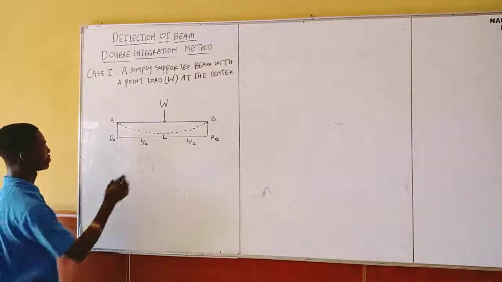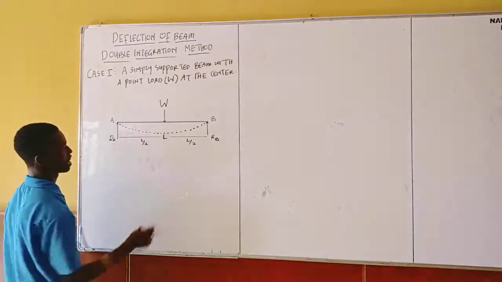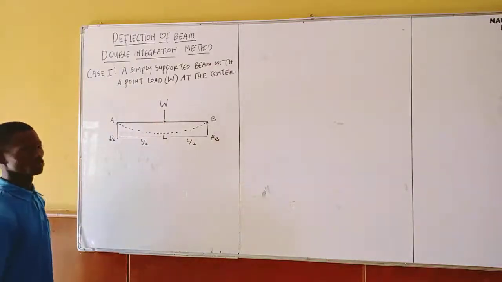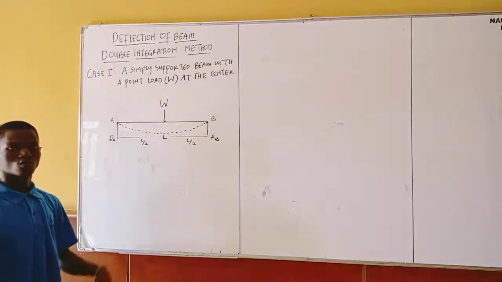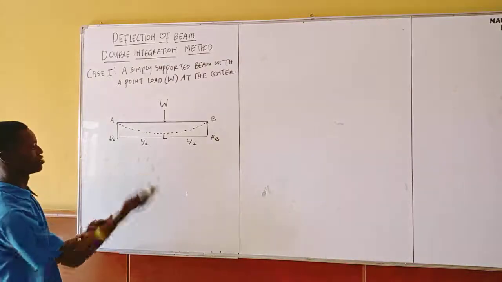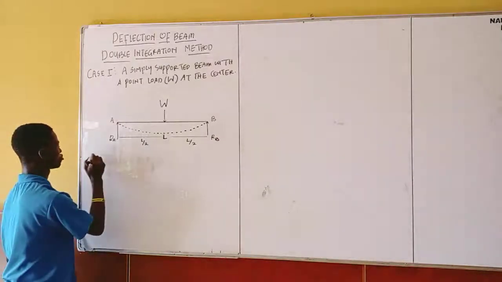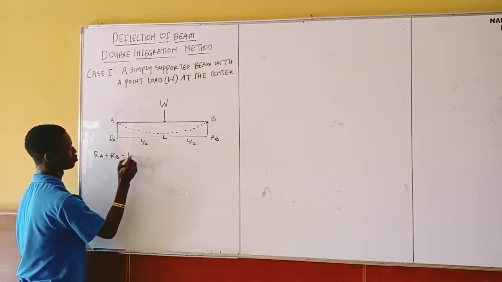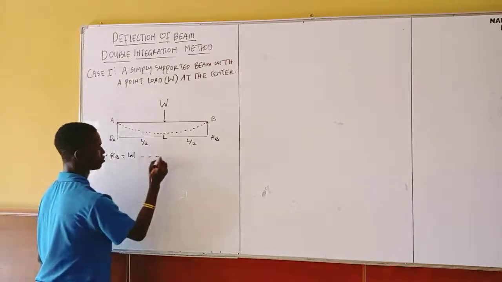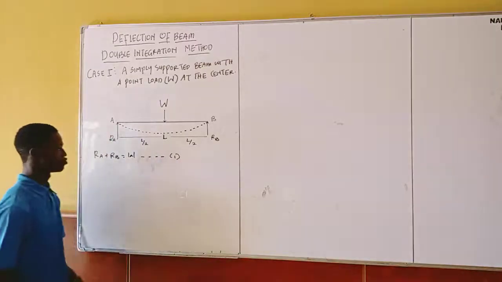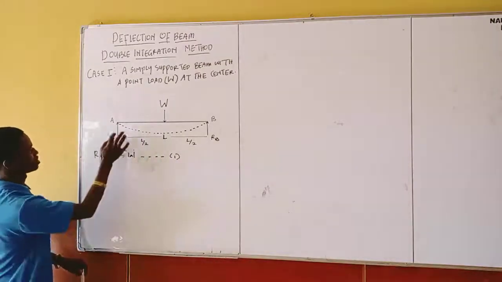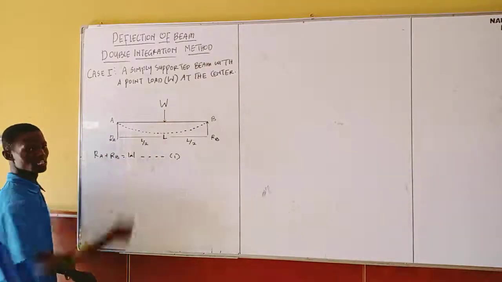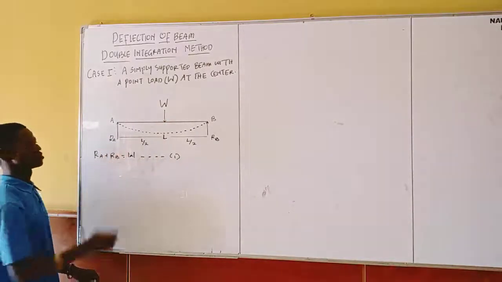So in this case, RA plus RB equals W. Let me call this my equation 1. This means that the summation of upward forces, RA and RB, must be equal to the downward force for this beam to be in equilibrium.